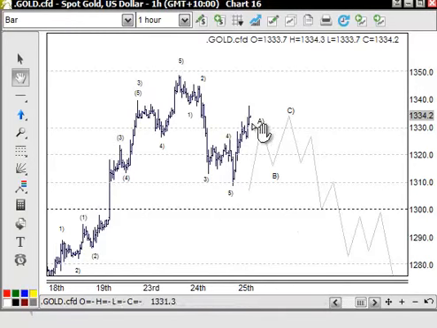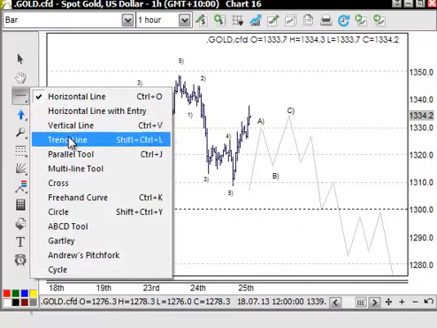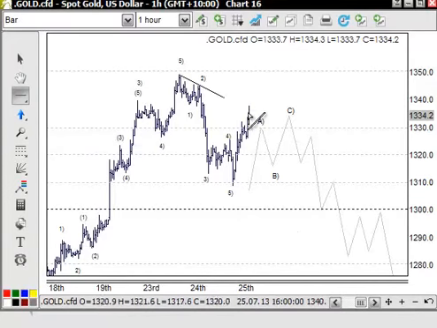So we need to look at this as an A and a B and a C through here as a corrective move, and then further down through here. That said, we need to trade what we see as well, and it is at the 1330 there.